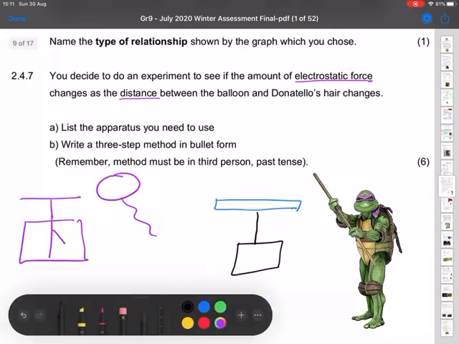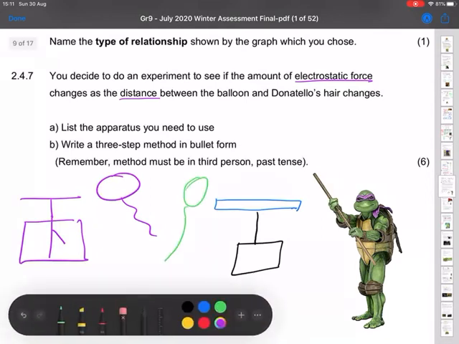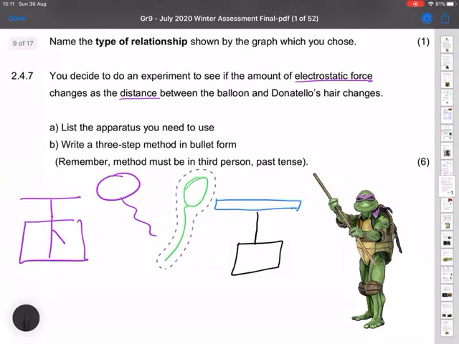So let's use the same balloon. I'll draw another balloon. There we go, you've got the balloon. If you bring the balloon nearer or further away from the plastic rod, you could observe the movement of that plastic rod. So any of those experiments you could describe.